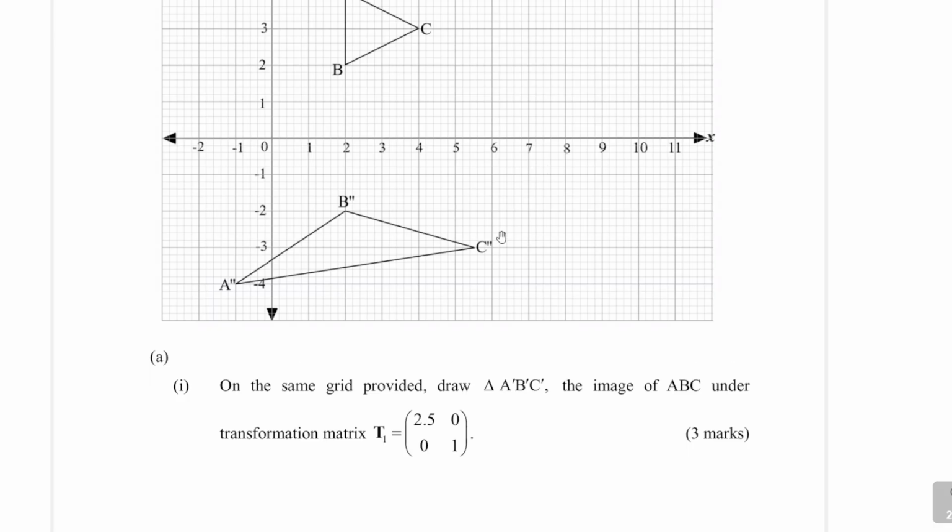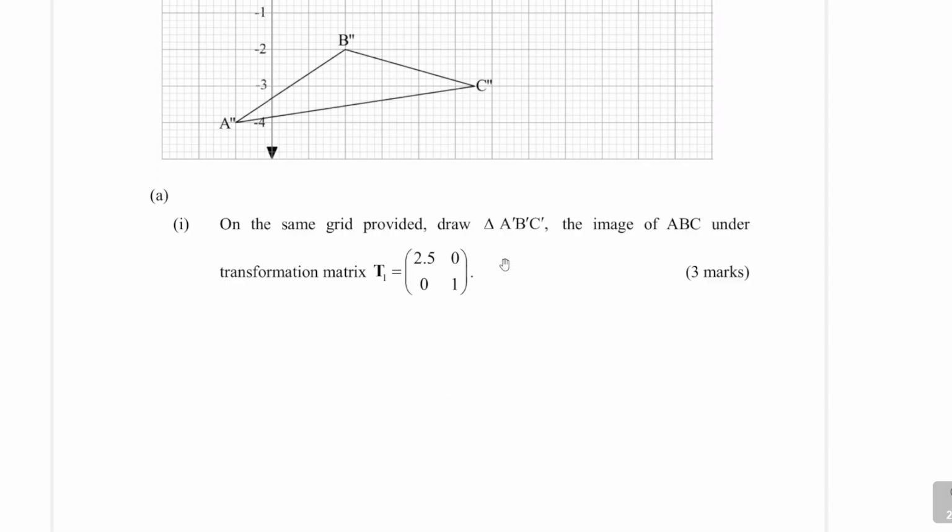When you are transforming any object using a transformation matrix, we pre-multiply the object with the matrix of transformation. In this case, the matrix of transformation is given as 2.5, 0, 0 and 1, and we are transforming triangle ABC with that matrix in order to get A prime, B prime, C prime.